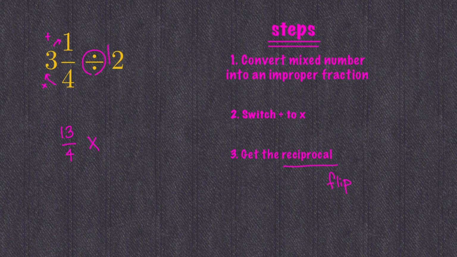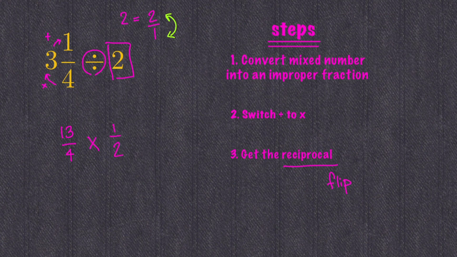The 2 that we have right here, we can rewrite in fraction form, and the whole number 2 is the same as 2 over 1. To flip that and get the reciprocal, we are simply switching places. So the reciprocal of 2 over 1 equals 1 over 2.